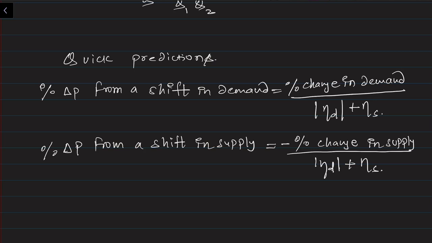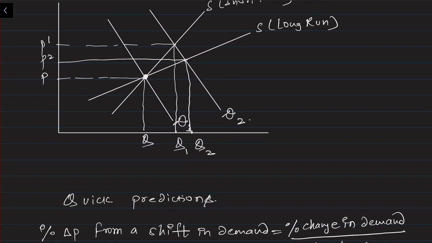So these are the two formulas for the quick predictions. Please remember those formulas. And in the coming videos, we'll do a lot of problems on elasticity, and I'll show you the calculations using these formulas. Okay, so for this video, I'll stop here.